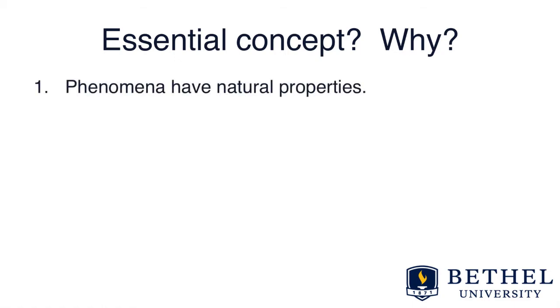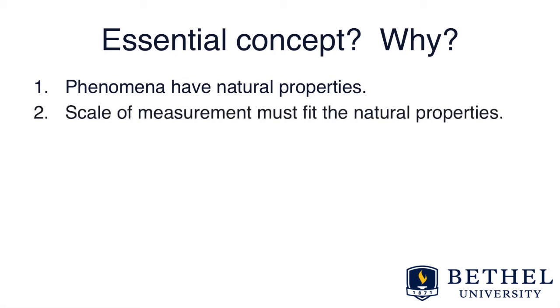First, we need to recognize that measuring assumes that there is a phenomena of interest that we're attempting to study. Phenomena have natural properties. We want to select a way to measure those properties in an appropriate manner. For example, physical gender. It has natural properties.